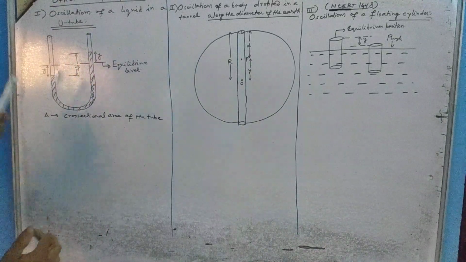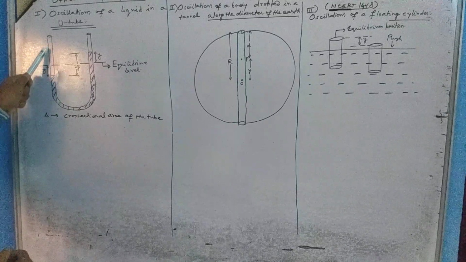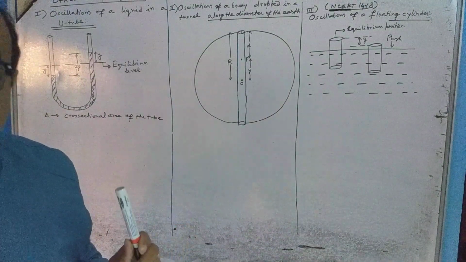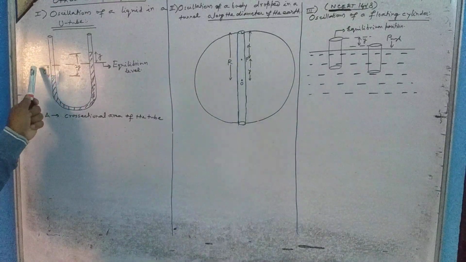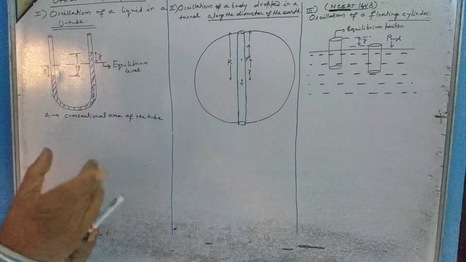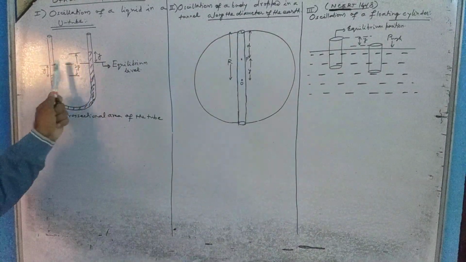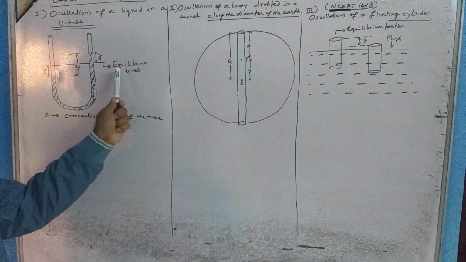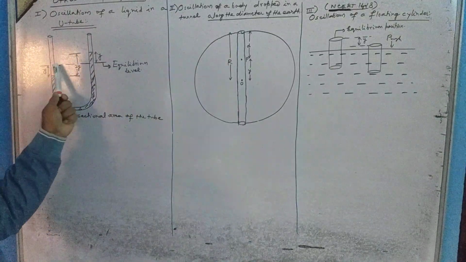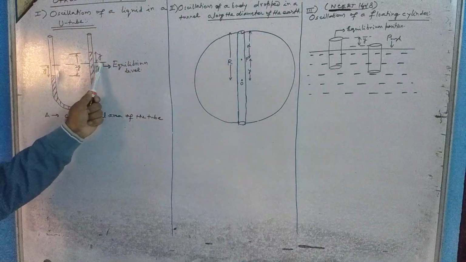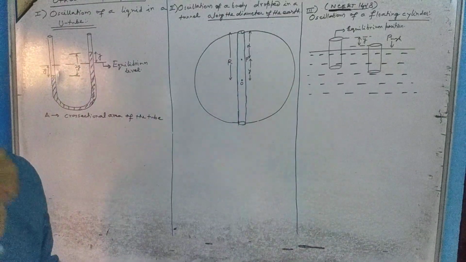Let us consider that a liquid is filled up in the U-tube under the equilibrium condition. In both the limbs, both the arms, the liquid will be standing at the same level. That level is called the equilibrium level, which I have marked.